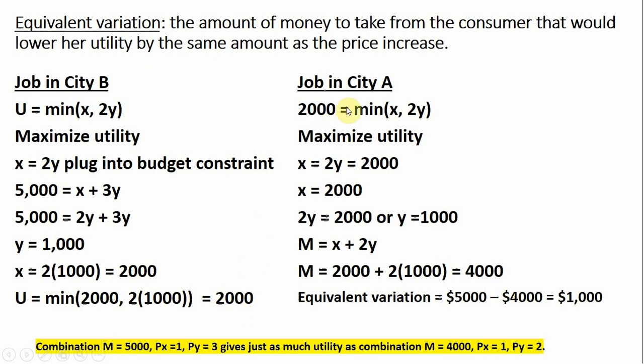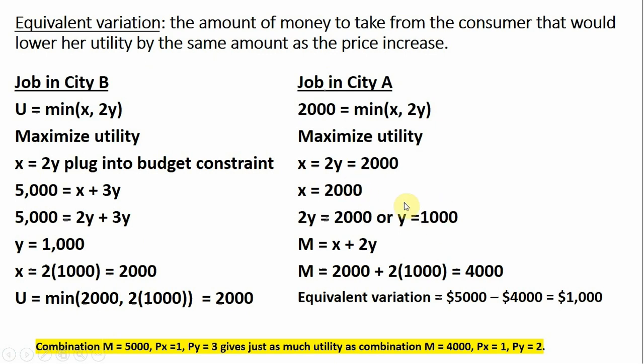Going back to the job in city A with the lower prices, if we set utility equal to 2,000 and maximize utility, we take what's in parentheses and set it equal to this lower level of utility. So X equals 2,000, Y equals 1,000.